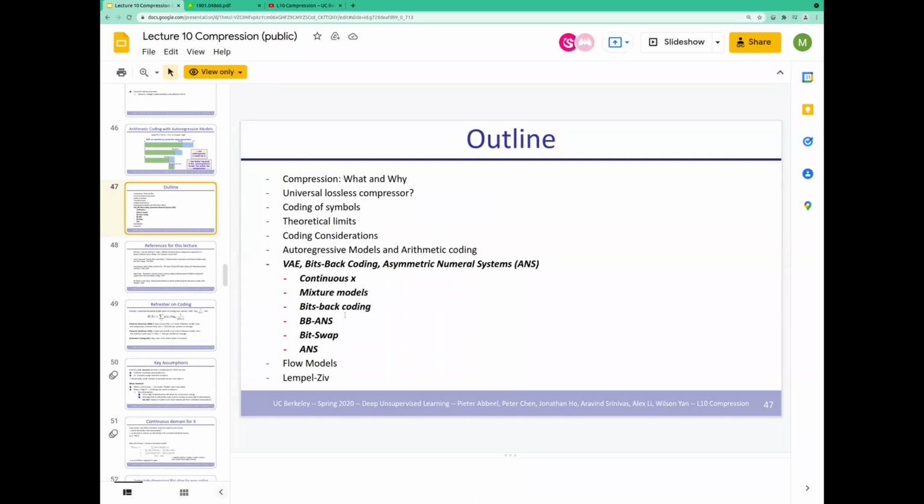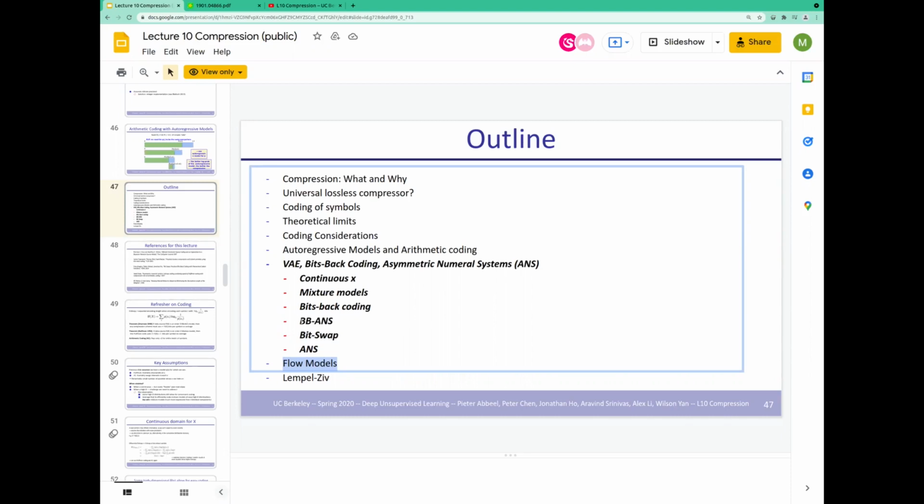Since they had two papers here, the bit swap and the flow models, I think they went into detail on this one. They didn't go into derivations of it, just showing the results.